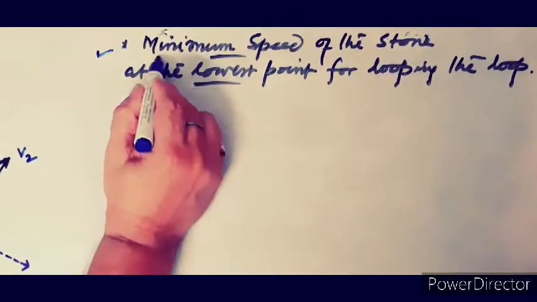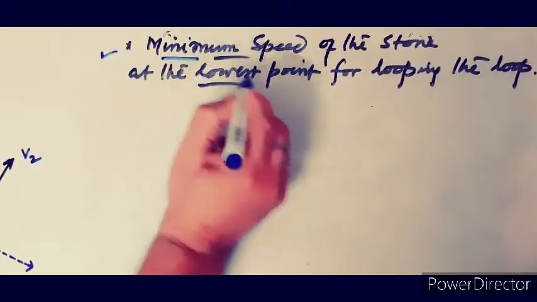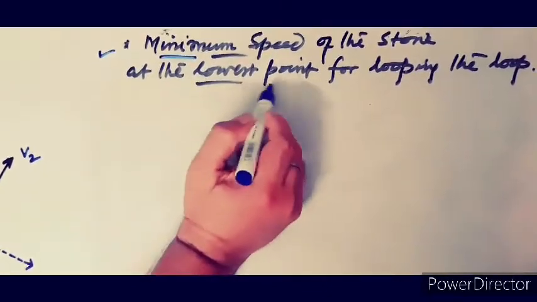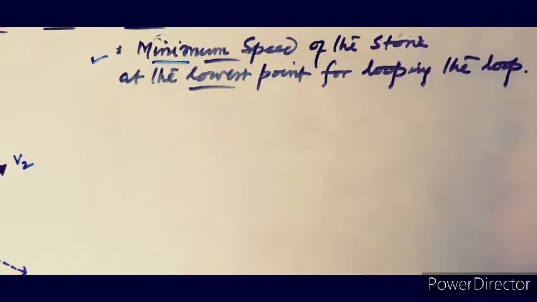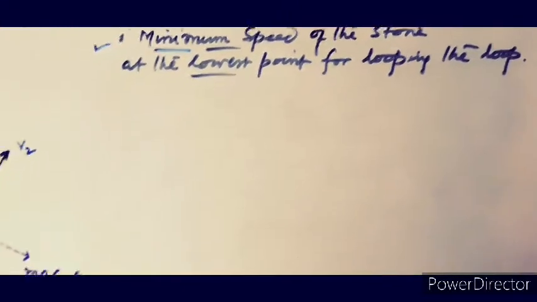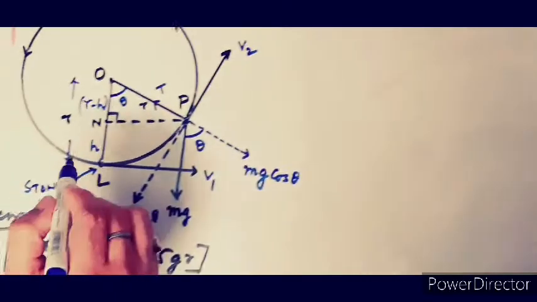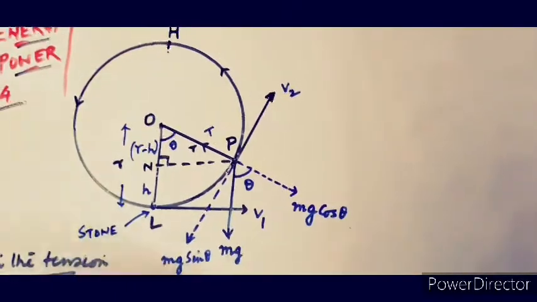Now the next point is the minimum speed of the stone at the lowest point for looping the loop. What should be the minimum speed at point L and at point H?